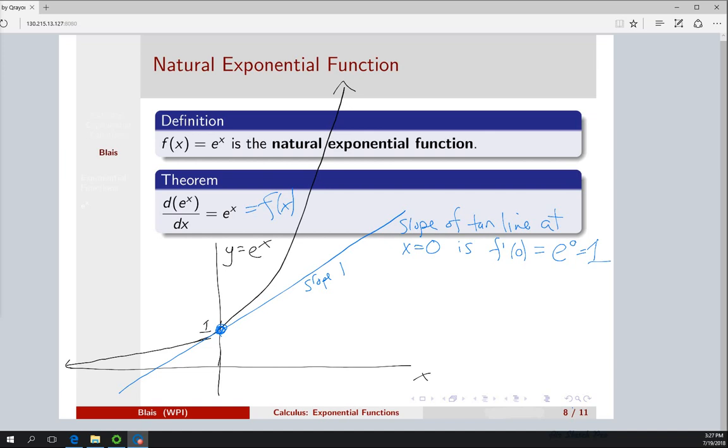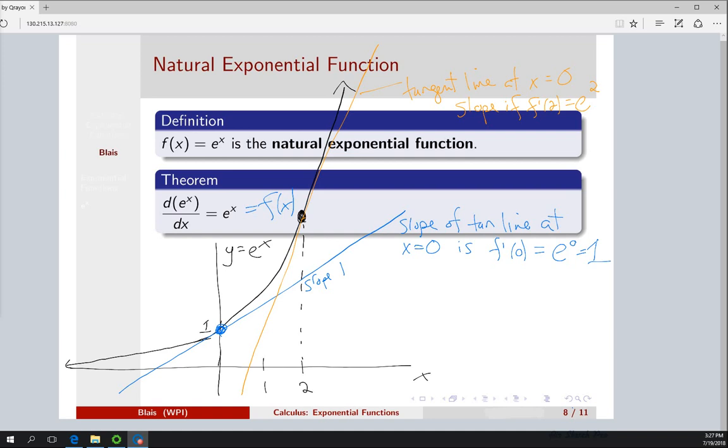If you went to another point on this line, suppose we were at x equals 2, and we look at the tangent line here, so the tangent line at x equals 2, its slope is f prime of 2, or e squared.